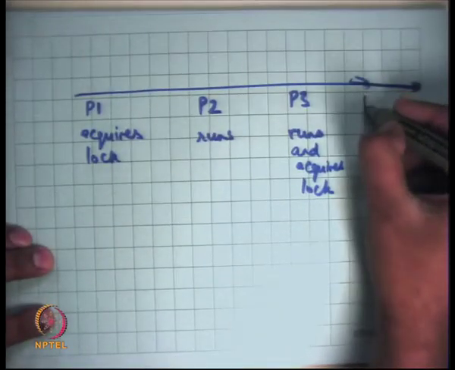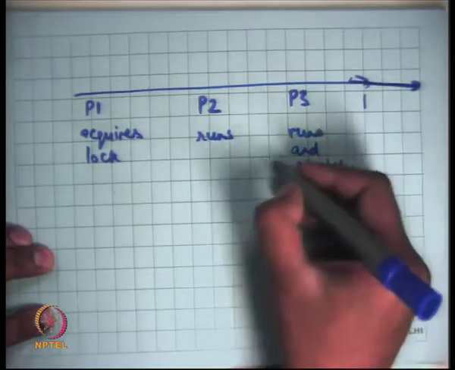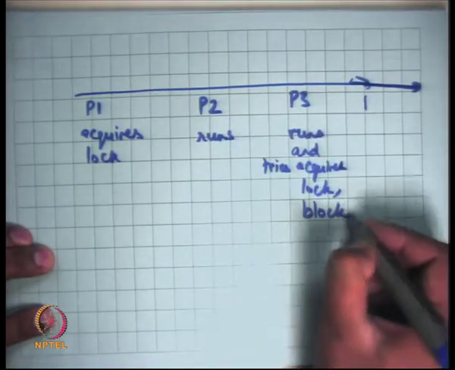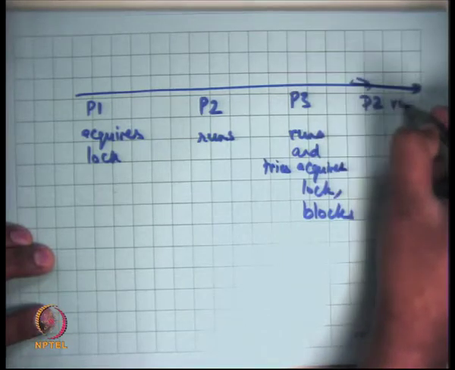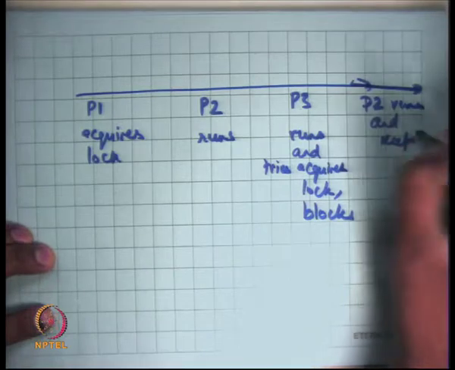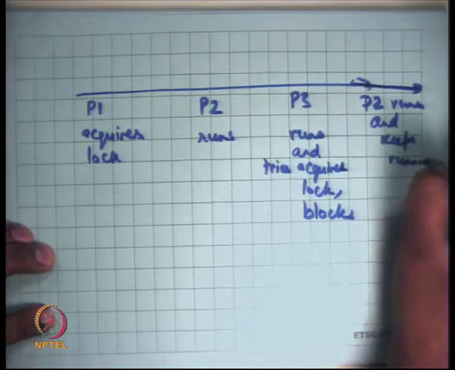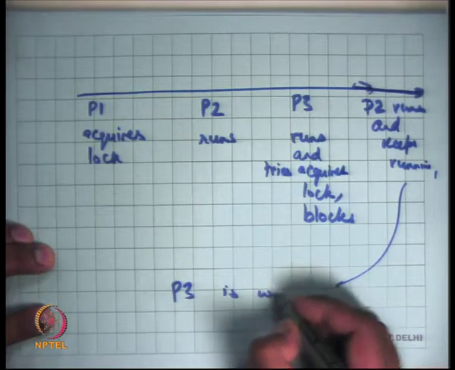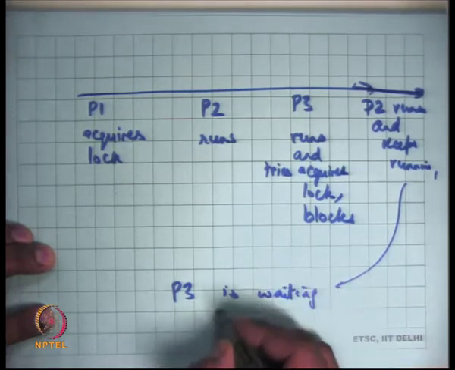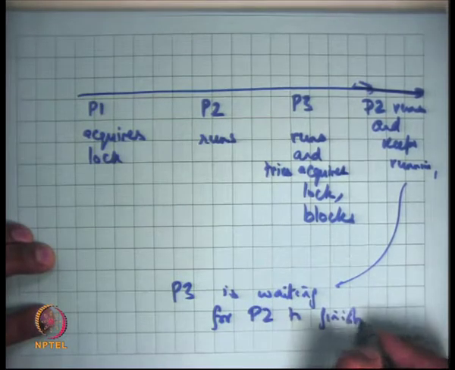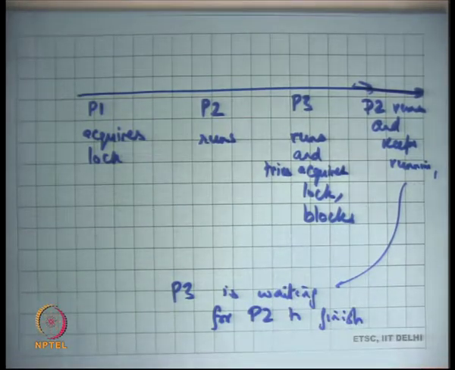So P3 blocks, and P2 keeps running. At this stage you have a situation where P3 is waiting for P2 to finish, and this violates the priority order.